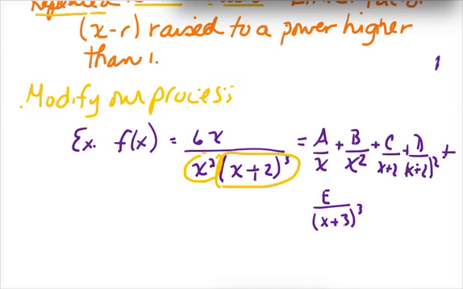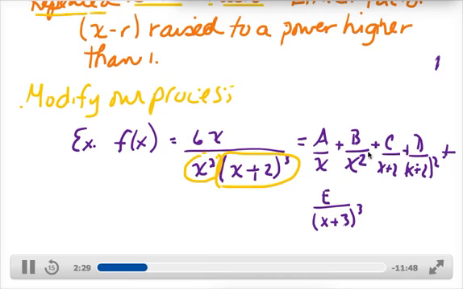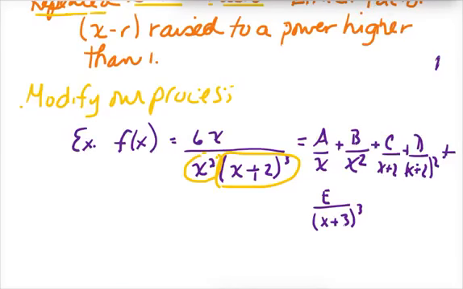So the amount of work increases as the number of coefficients increases, but we modify the process to include a partial fraction for each power of x minus r up to and including the final power.